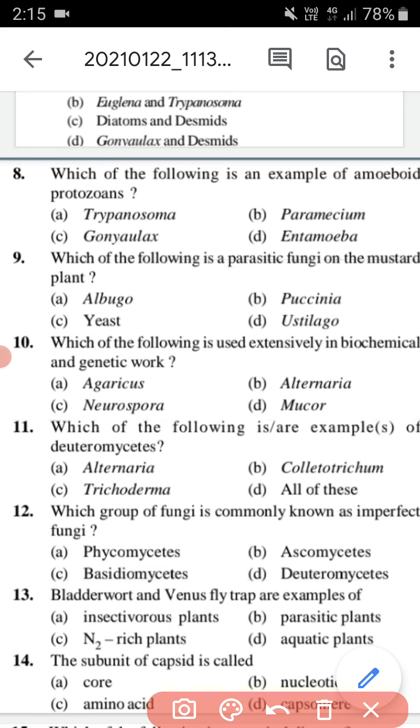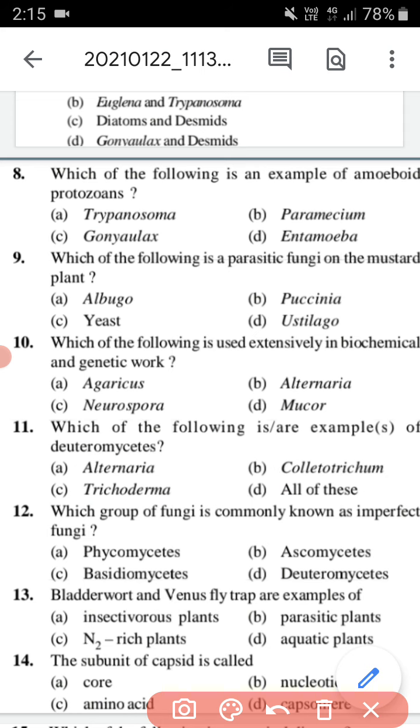Okay. Now we move to question number 11. Question number 11 is, which of the following are examples of deuteromycetes? First is Alternaria, second is Colletotrichum, and the third one is Trichoderma, and the fourth one is all of the above. So here you can see all the three are examples of deuteromycetes.